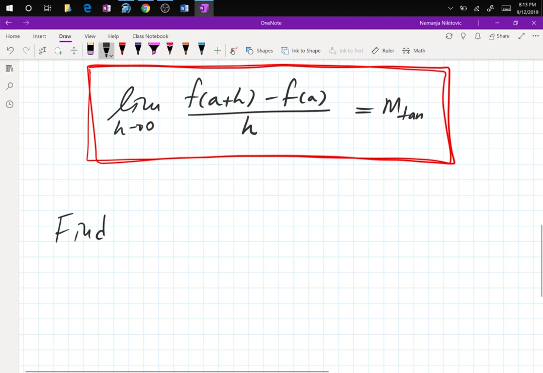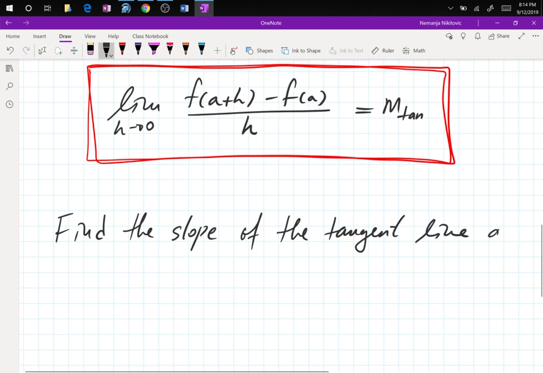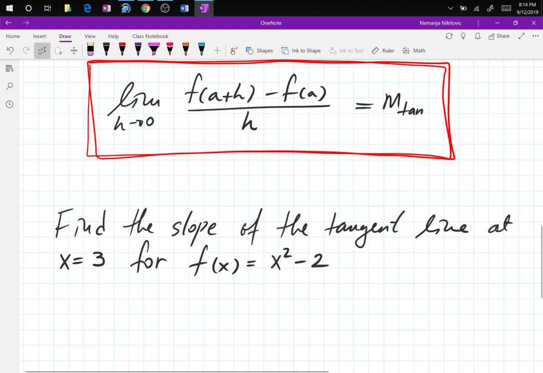Find the slope of the tangent line at x equals 3 for the function f of x equals x squared minus 2.